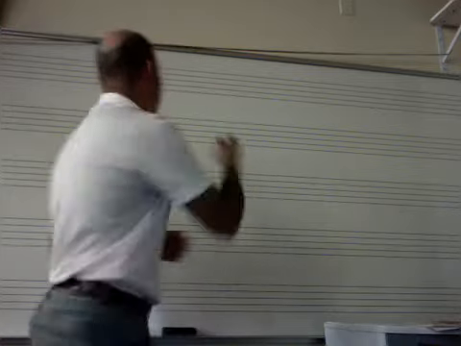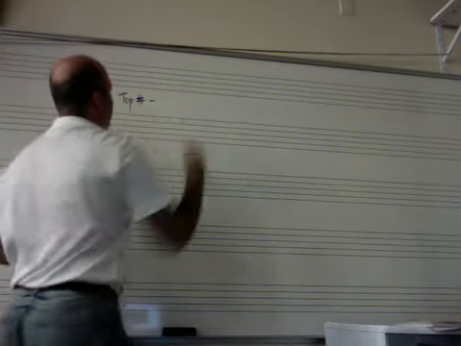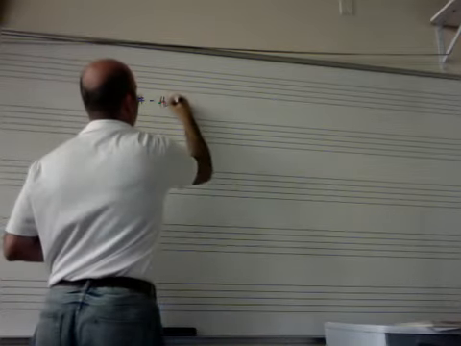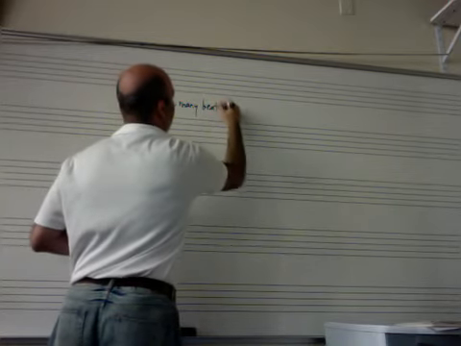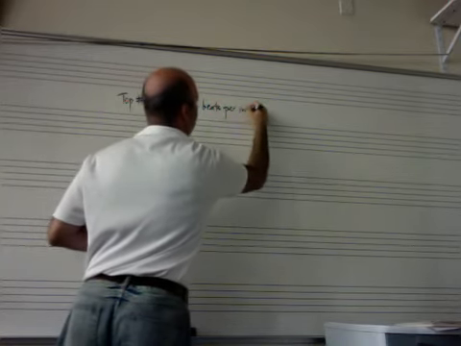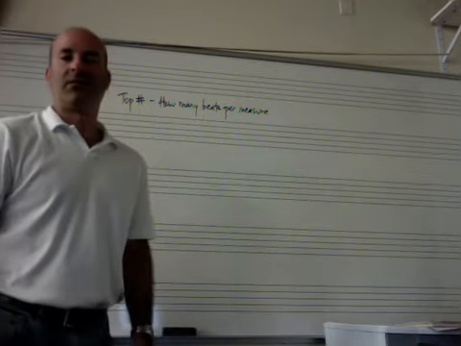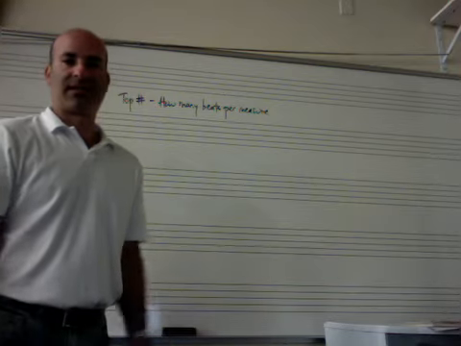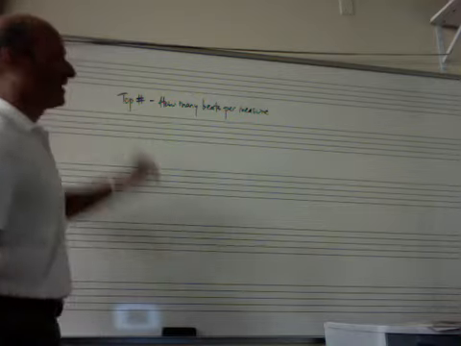The top number always tells us how many beats there are in each measure. And really, we're not limited with any number in the top. So it could be 4, it could be 16, could be 20, could be 1, could be 2. So the top number always tells us how many beats per measure.